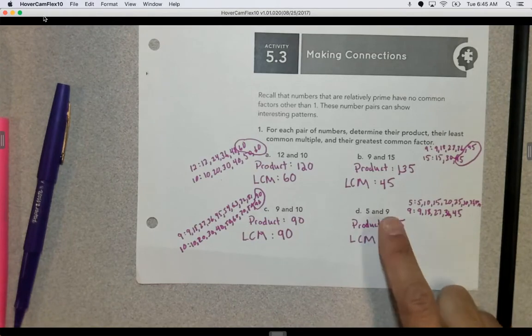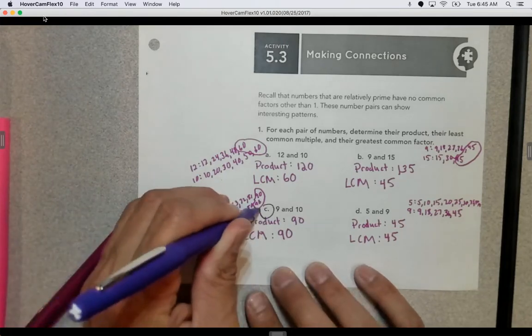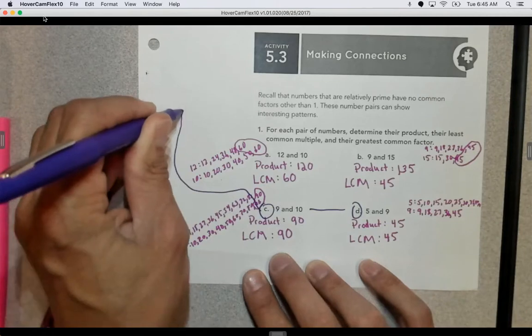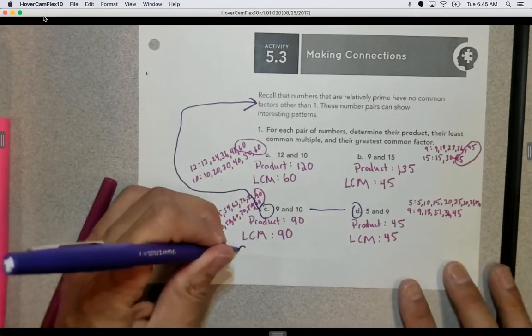All right. And so if I'm thinking about this, C and D are what they set up here, which is they're relatively prime to one another. They only have a GCF, greatest common factor, of 1.